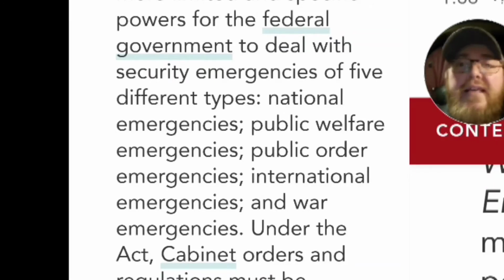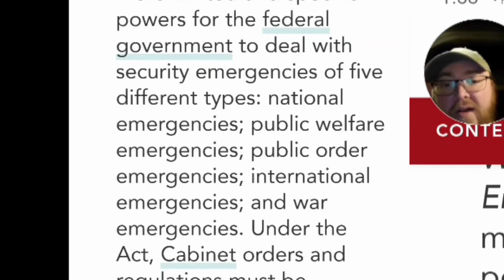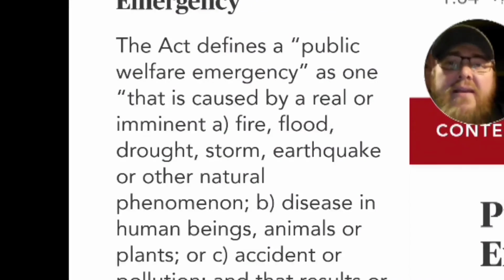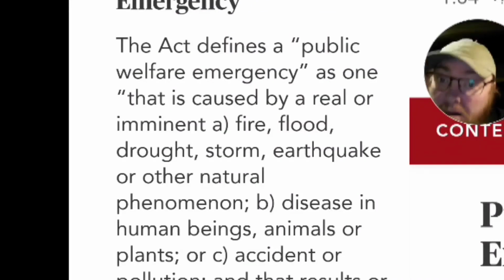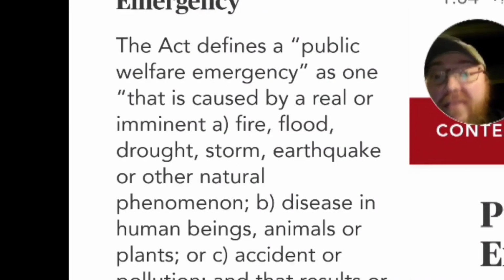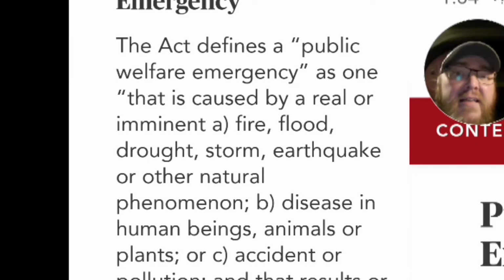But I'll lay this out specifically with the category that we are in. The Act defines a public welfare emergency as one that is caused by a real or imminent: A, fire, flood, drought, storm, earthquake, or other natural phenomenon; B, disease in human beings, animals, or plants. So B is the one we're looking for.